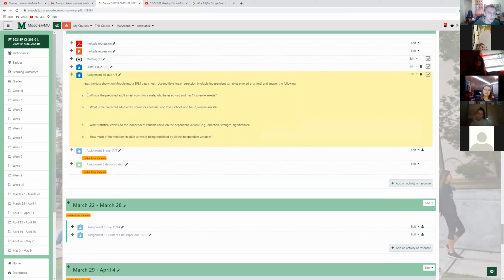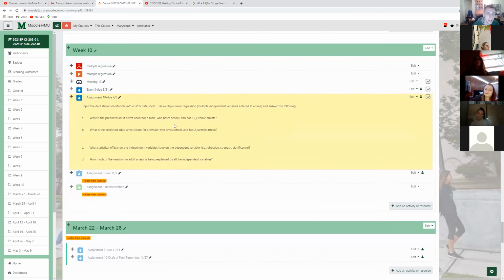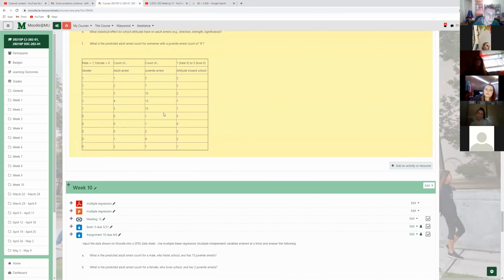If we take a look at this one, what is the predicted arrest count for a male who hates school and has 15 juvenile arrests? All right. Well, we're to use the data that's up here, that you're supposed to cut and paste again. So male is 1, and then a juvenile arrest record of 15 arrests.